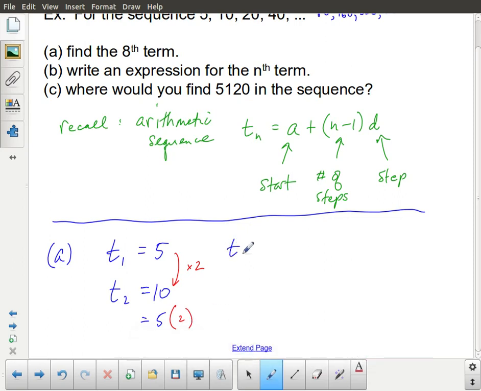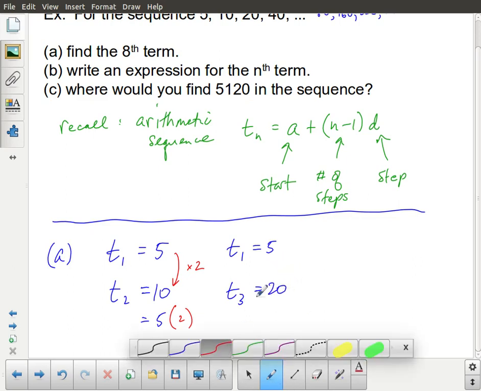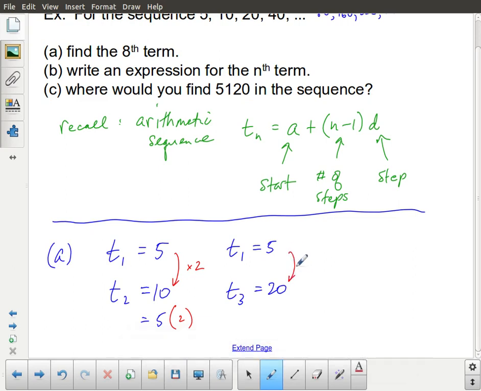Okay, T1 is equal to 5 and T3 is equal to 20. How did I change from 5 into 20? I had to multiply by 2 to turn it into 10, and I had to multiply by 2 again to turn it into 20.